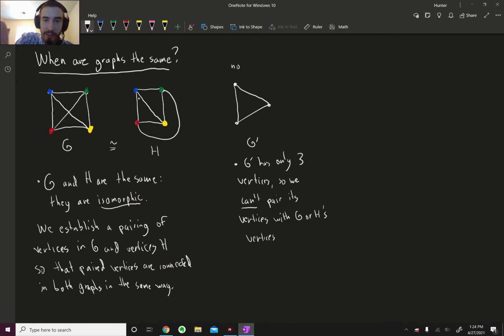So we say this is not isomorphic to G and H. Okay, so number of vertices in the graph is the big first obstacle. But what if we have, let's take another graph that has 4 vertices.